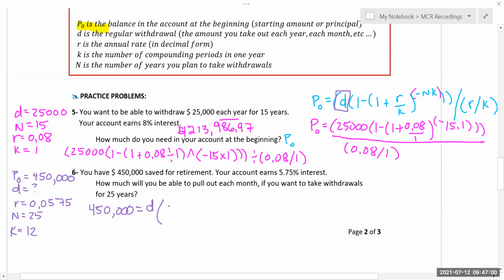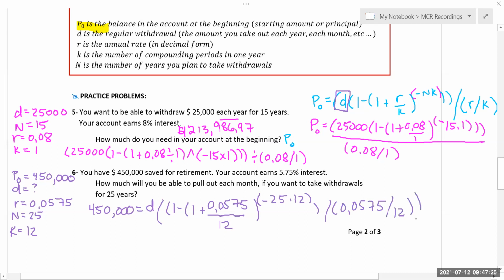And then we put the rest of it, so 1 minus 1 plus R over K, to the negative N K, divided by R over K, close. So now I've got open, open, open, close, close, but this is one piece.